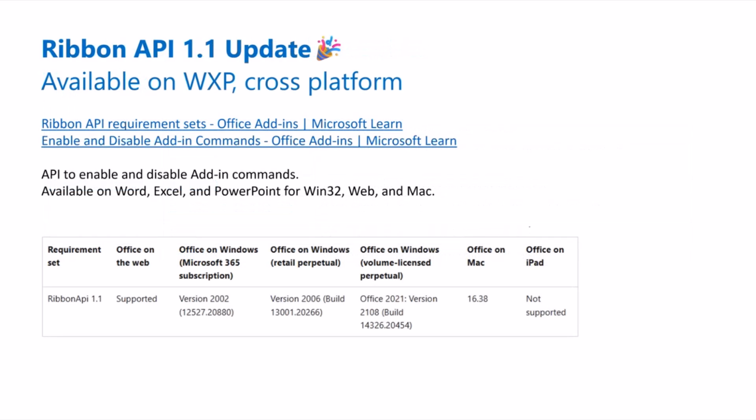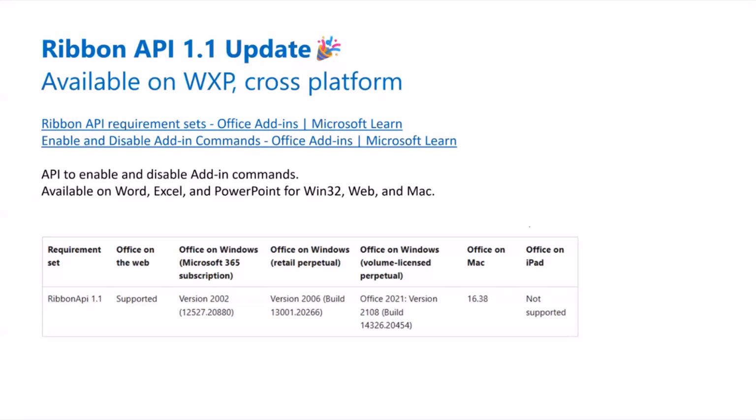And then lastly, non-PowerPoint related, but sort of horizontal, we have Ribbon API requirement set 1.1 updates. So before, there were some platforms available, some not available for certain hosts, but now we have all of our Ribbon APIs.